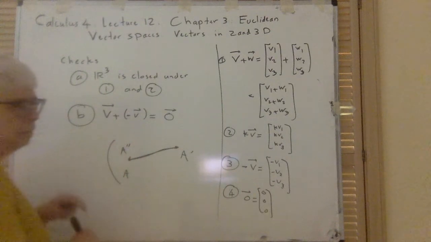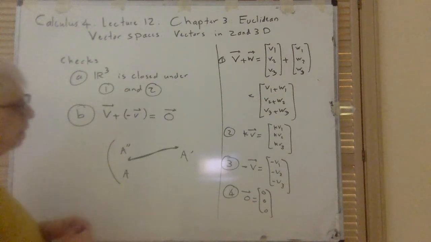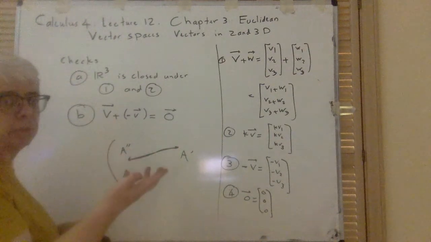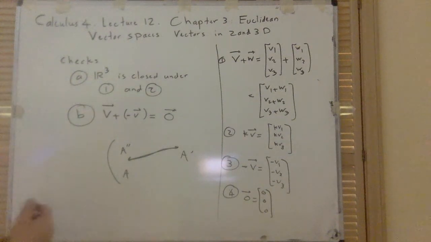So you see, identity makes sense here because it hasn't changed. A comes back to itself. So v plus minus v, v minus v, back to A. Nothing happened. So in a sense, identity means nothing happened. It didn't move, say, in this case.